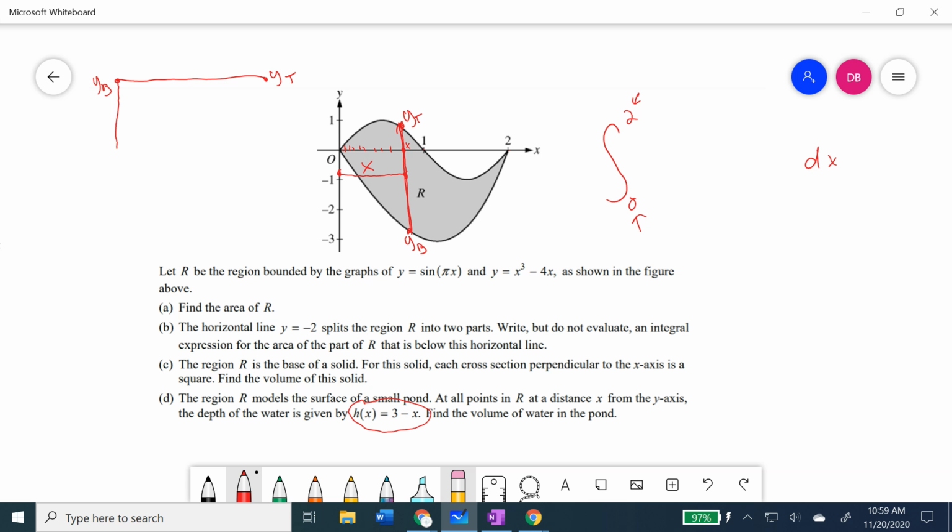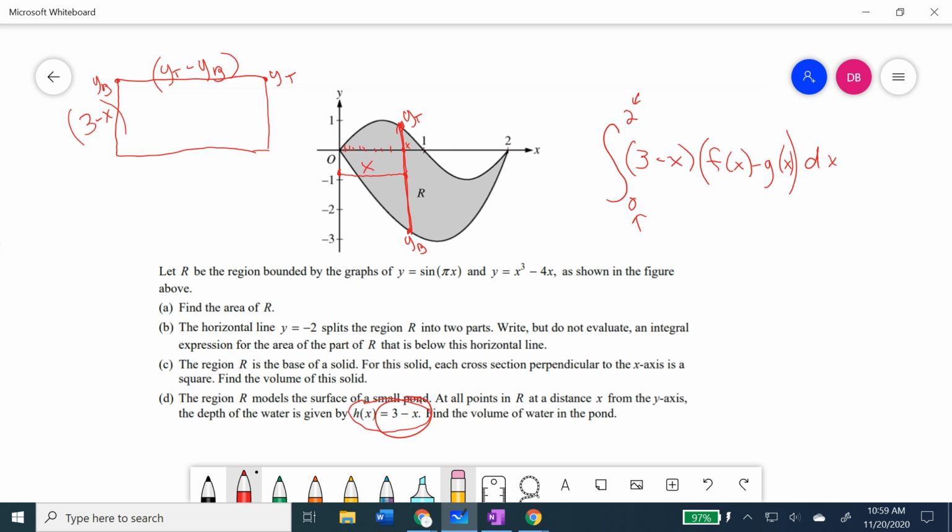The other dimension is 3 minus x. So the area of the cross section is a y top minus y bottom length multiplied by 3 minus x. And that gives you an area formula for that cross section. And then that was f of x minus g of x. And then solve the integral.